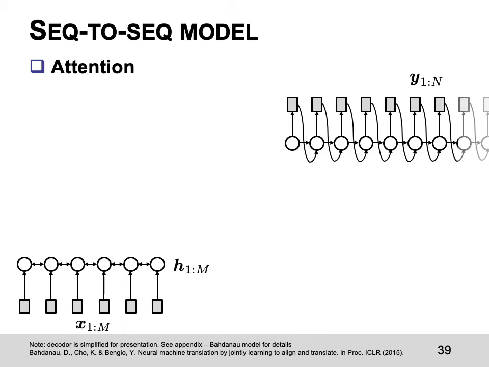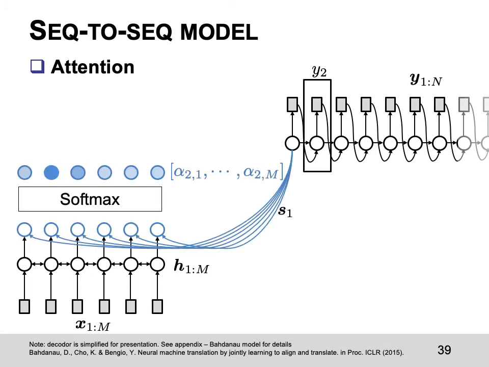Can we extract different context from the input when we generate different output time steps? The answer is yes, and we can use the attention mechanism to achieve this goal. Suppose we want to generate the second time step Y2 here. We might extract the hidden state from the decoder in the previous time step and feed it back to the encoder.